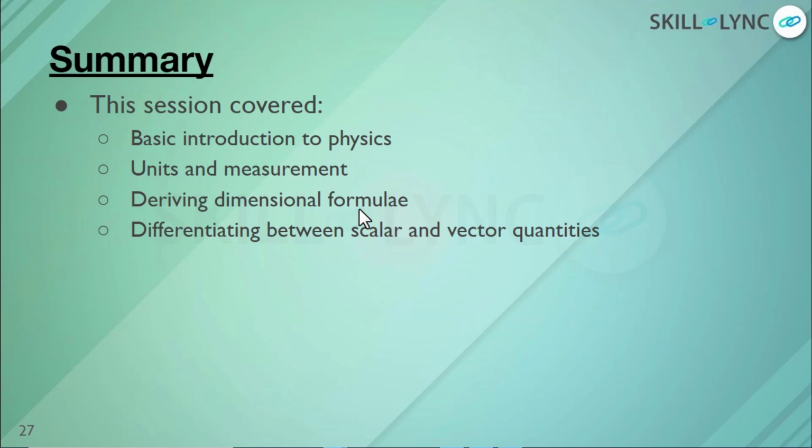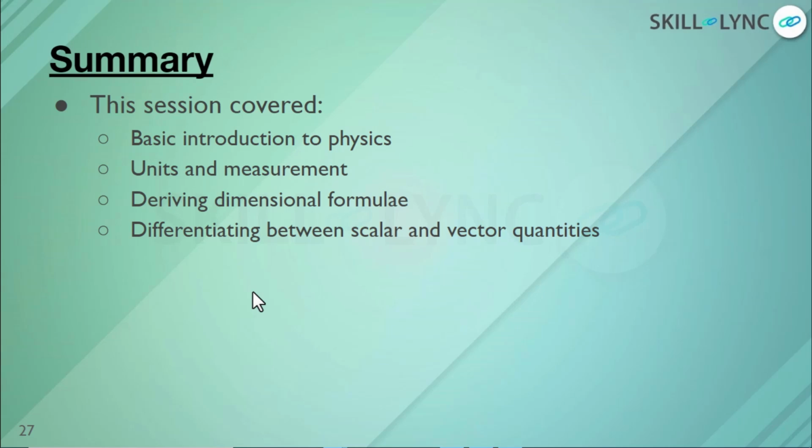Vector quantities are the ones which have both magnitude and direction, and vector quantities are added by the triangle rule of vector addition, also called the parallelogram law of vector addition.